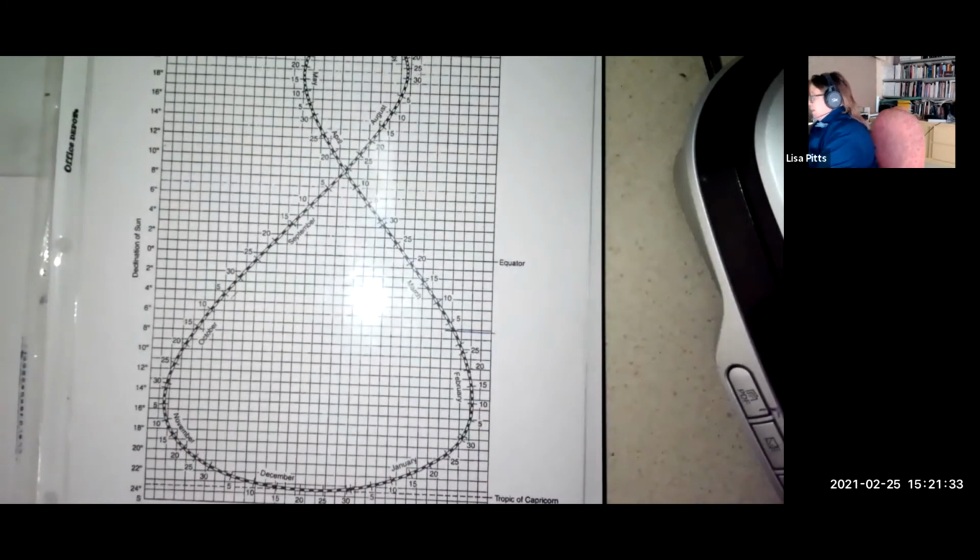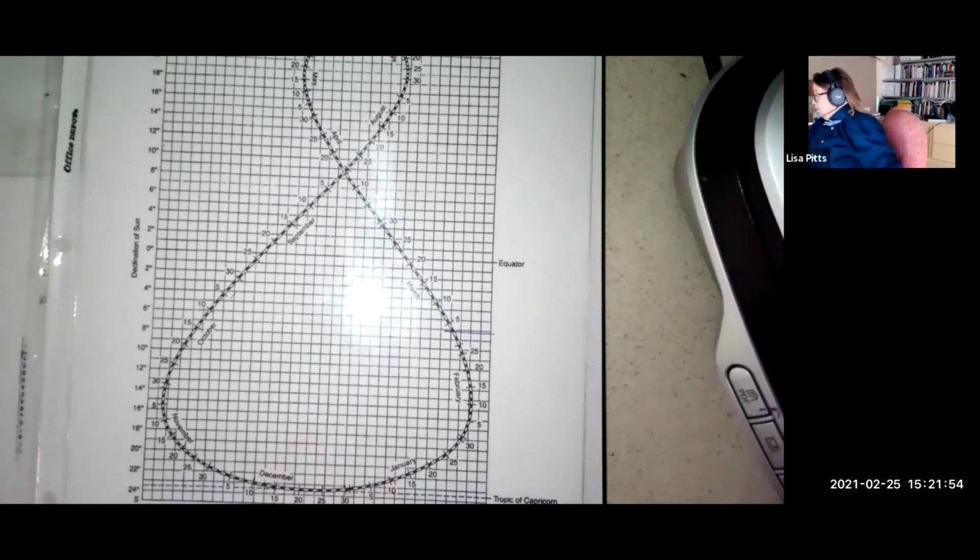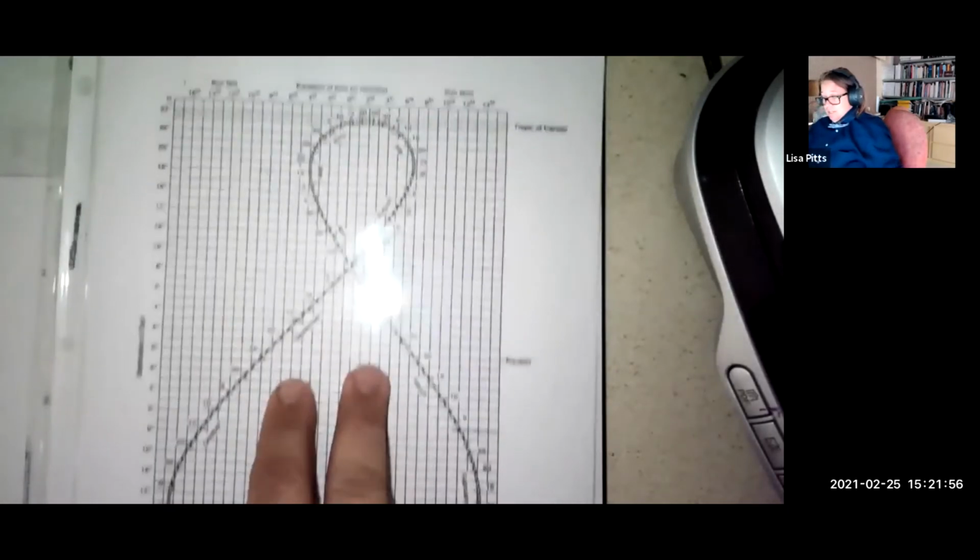And that has to do with what we call the declination of the sun, where the sun is directly overhead. So on the solstices, it's going to be directly over one of the tropics, and on the equinoxes it's directly over the equator. So this is how you use the analemma.